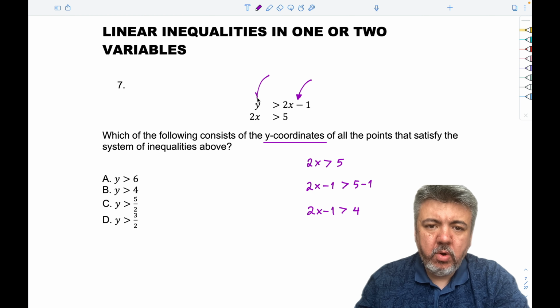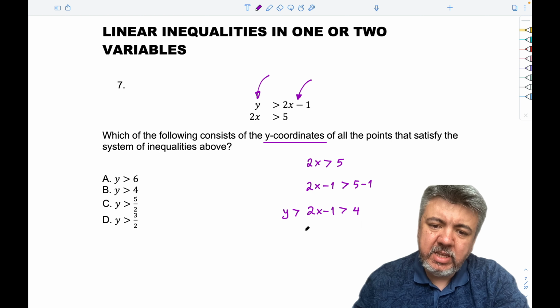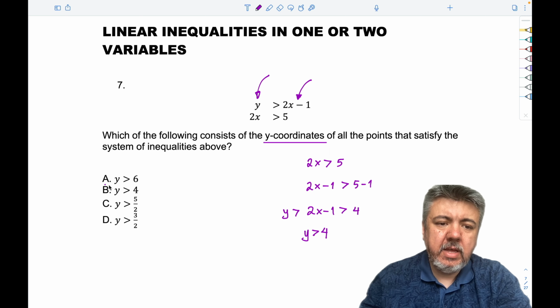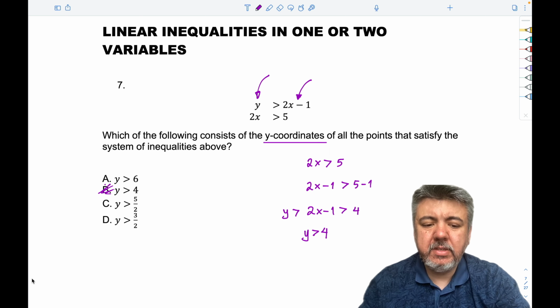But as you know, y is already greater than 2x minus 1. So it's a transition here. If 2x minus 1 is greater than 4 and y is greater than 2x minus 1, we can easily say y is greater than 4, and that's choice B, my friends.